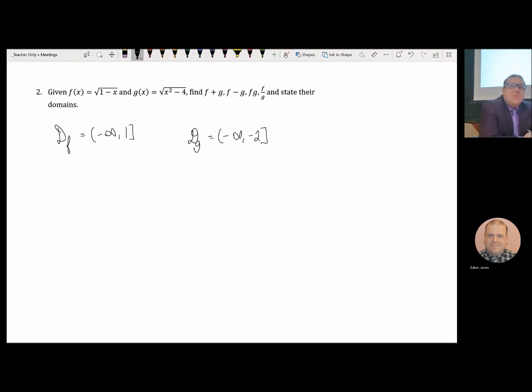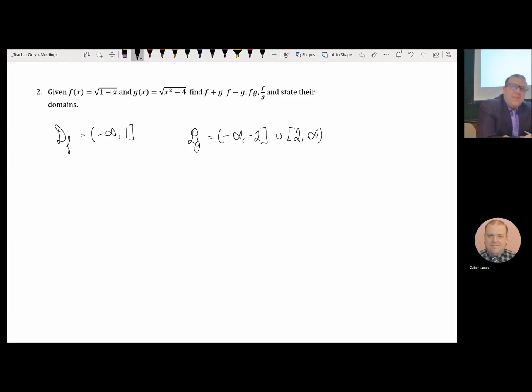So x has to be less than or equal to 1. Like if x was -15, then it'd be positive 16 under the radical. 1 minus -15.